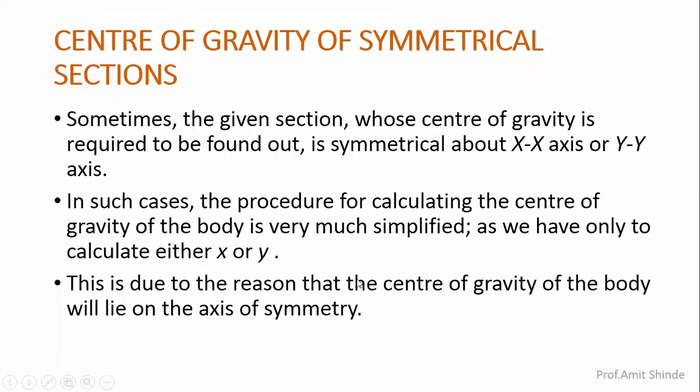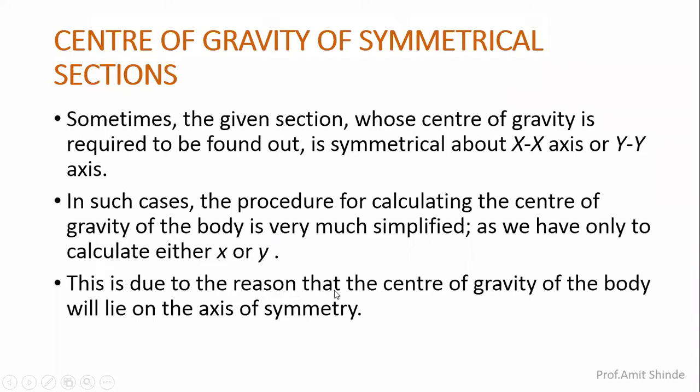The center of gravity of the symmetrical section. Sometimes the given section whose center of gravity is required is symmetrical about the x-axis or about the y-axis. In such cases, the calculation of the center of gravity of the body is very much simplified, as we have only one calculation, either x or y.